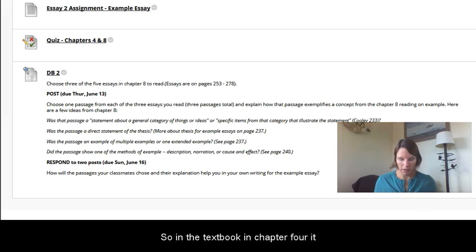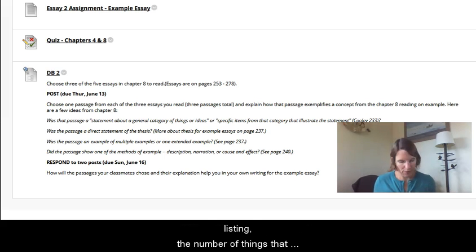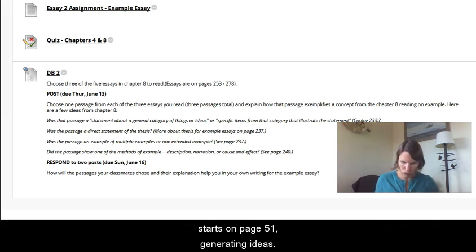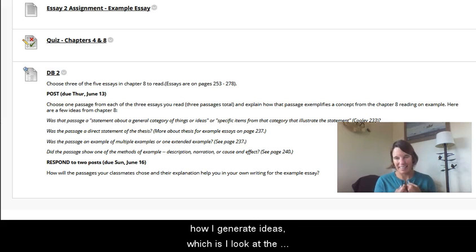In the textbook, chapter 4 talks quite a bit about different ways you can come up with ideas for brainstorming, looping and clustering and listing, and a number of things, starting on page 51, generating ideas. But I wanted to talk for a minute about myself as a writer and how I generate ideas.